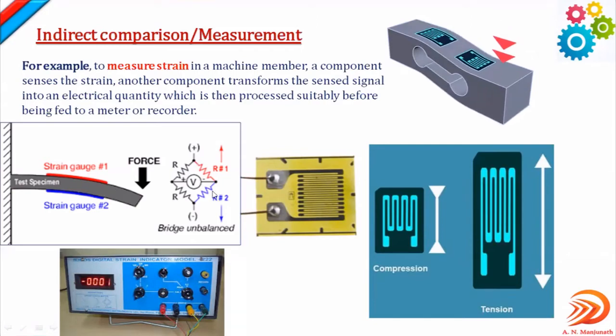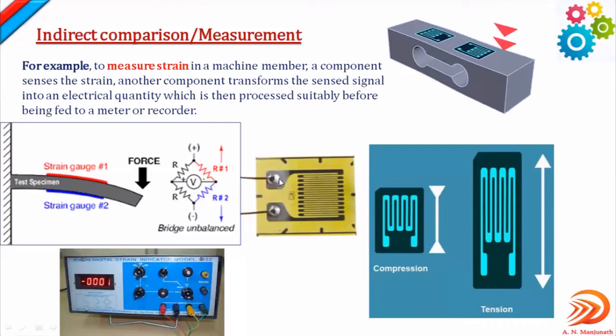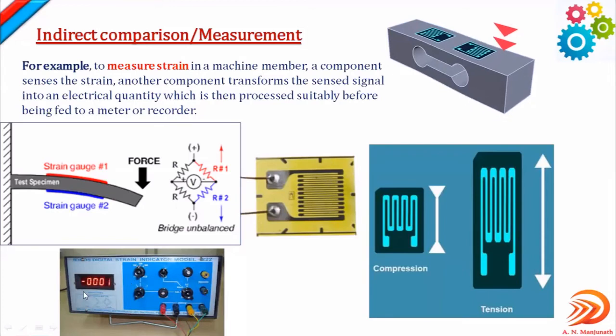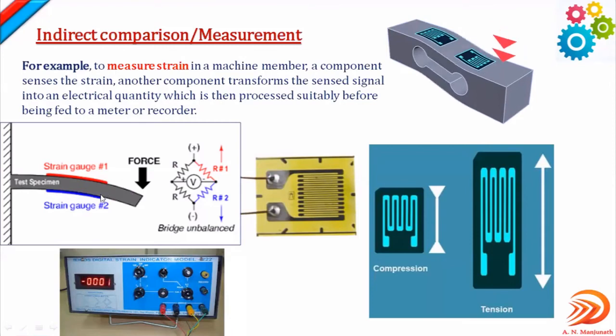The wire connections are made to the Wheatstone bridge. Because of the variation in the resistances, you get the value on the digital indicator, which indicates the amount of strain sensed by this particular cantilever beam. So this is the strain gauge, a measurement of strain.